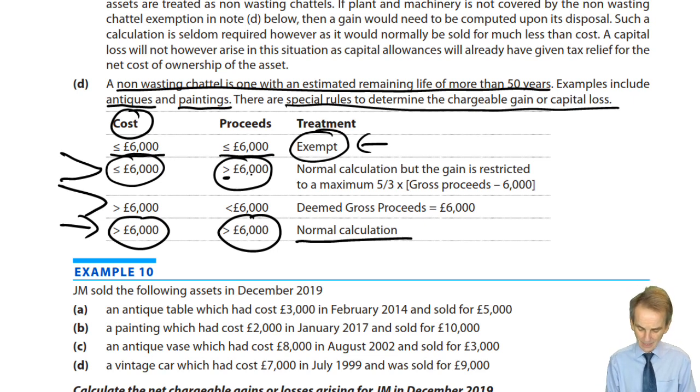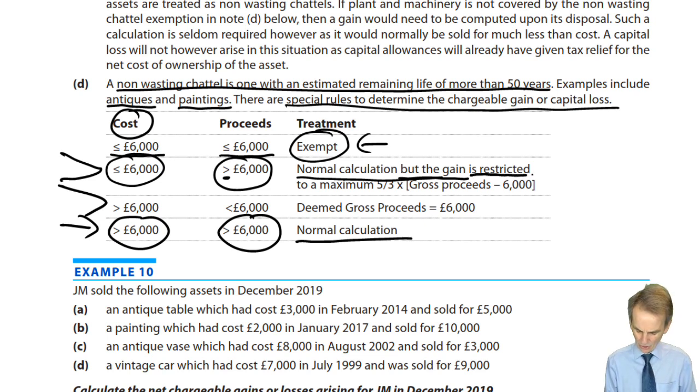So a normal calculation is firstly done: proceeds less selling expenses less cost, to get your normal gains calculation. But because the cost is less than £6,000, we now have a restriction on what we call the maximum gain. We do a maximum gain calculation, and if this figure is less than the actual gain, then that is the figure to use.